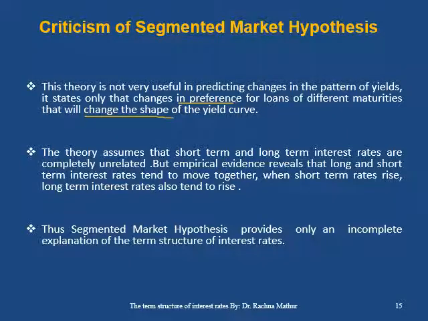This theory also assumes that short-term and long-term interest rates are completely unrelated, but empirical evidence reveals that long-term and short-term interest rates tend to move together. When short-term rate rises, long-term interest rate also tends to rise. Therefore, segmented market hypothesis provides only an incomplete explanation of term structure of interest rates.